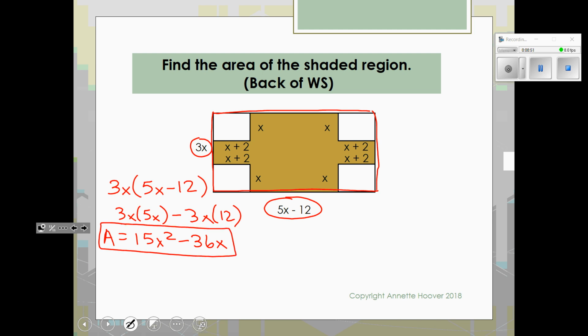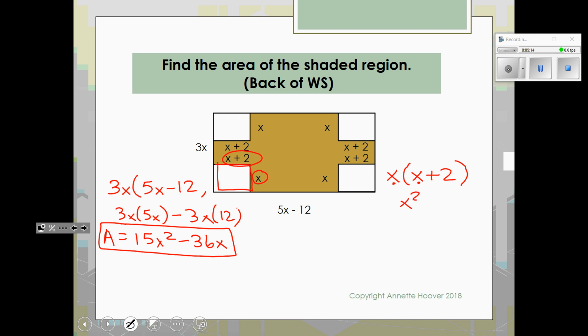Now we need to subtract the areas that are not shaded. We have 4 boxes that are all the same size. We'll just look at one of them. To figure out the area, we just have to go x times x plus 2. Again, we have a monomial times a binomial. So first we have x times x, which is x squared.